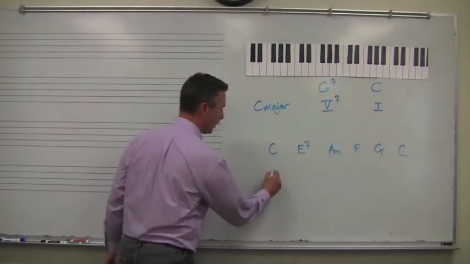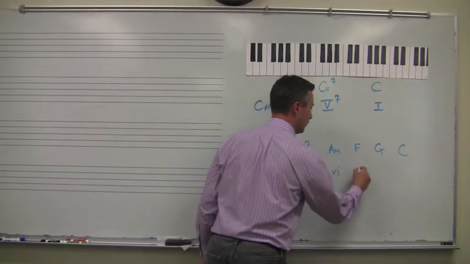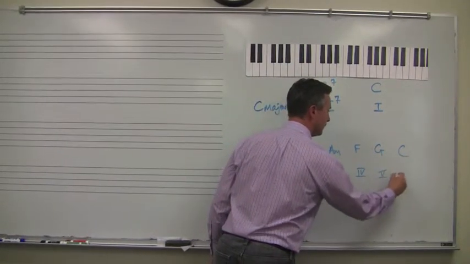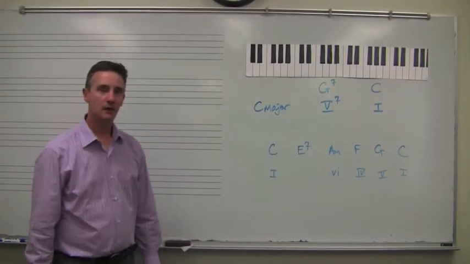We would say this is a 1 chord, we would say this is a 6 chord, this is a 4 chord, 5 chord, and a 1 chord. No problem with that, all right?